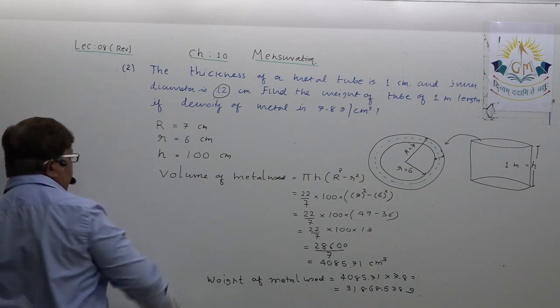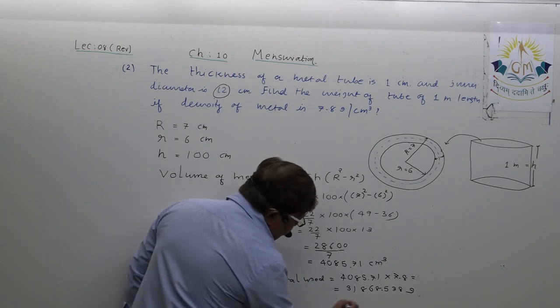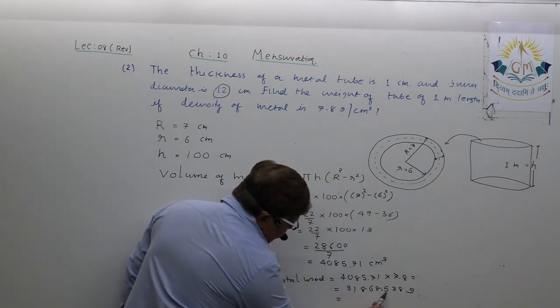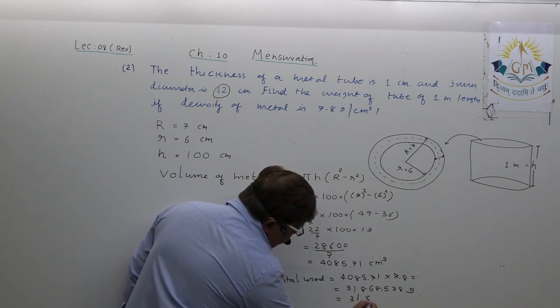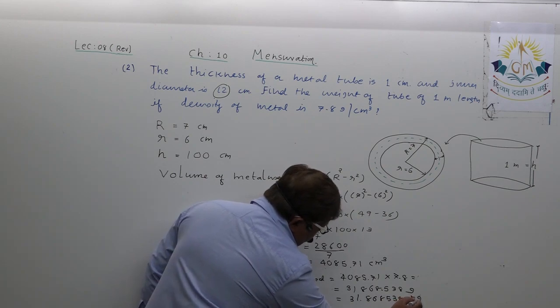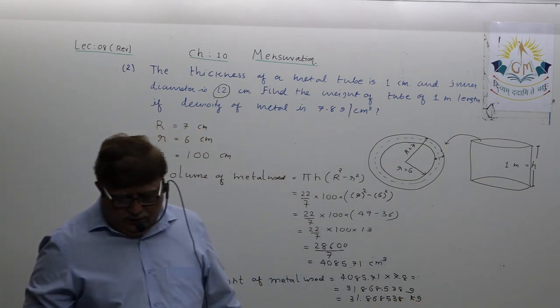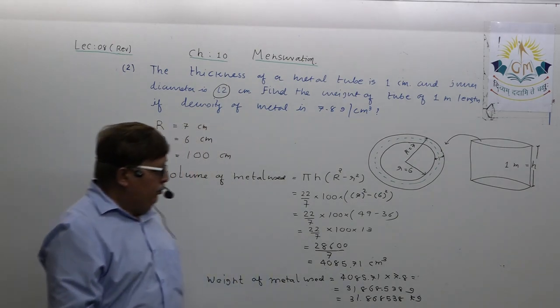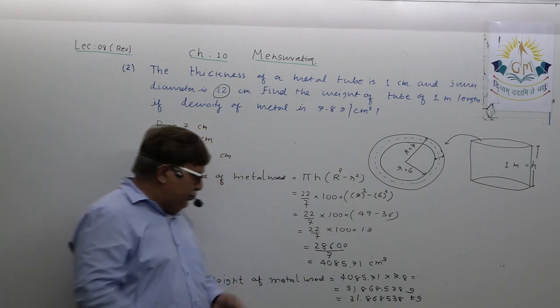Understand, in designing such metal tube, I have expressed in gram. To express in kilo, just divide, so you will get 31.868538 kilogram. Okay, this much metal is required to construct such metallic tubes.